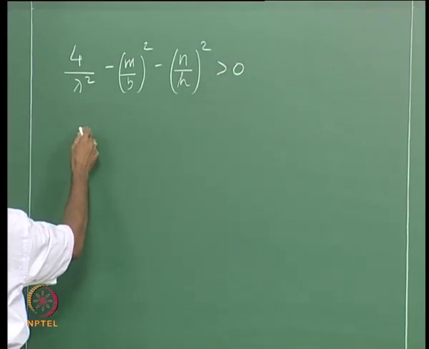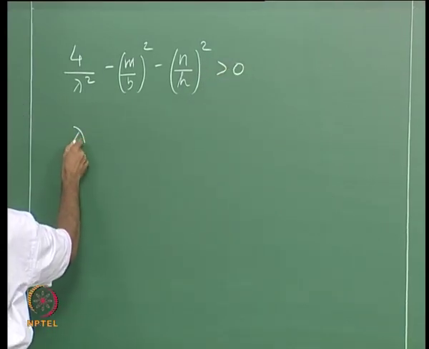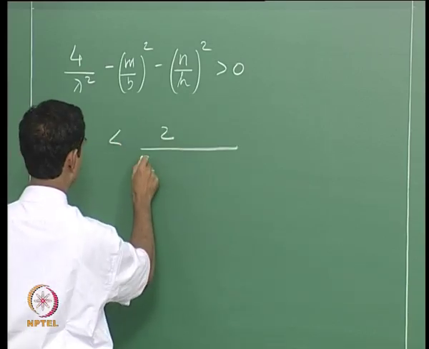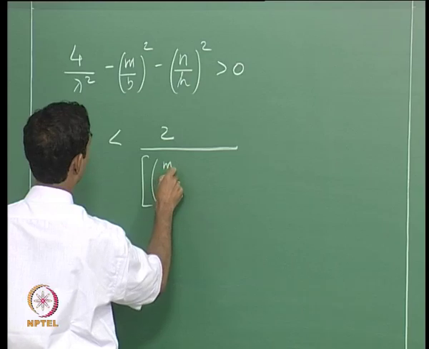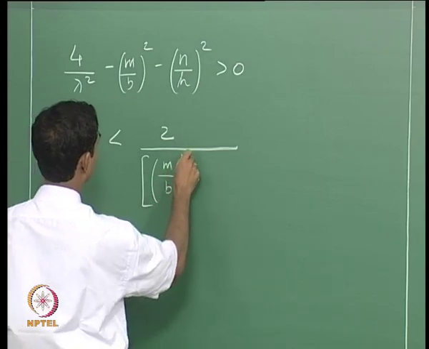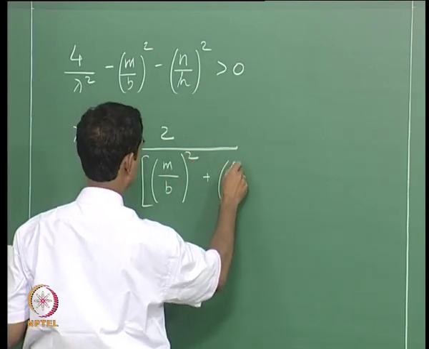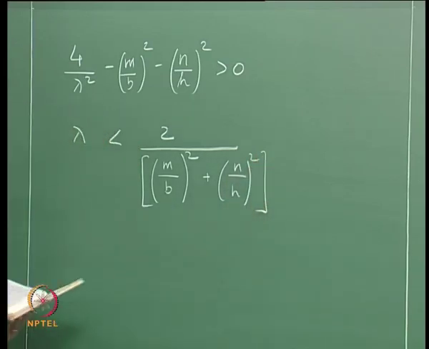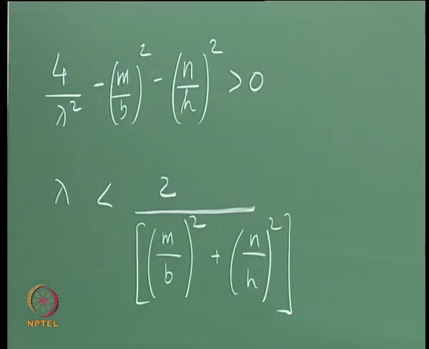This can be recast as: this will happen if lambda is less than 2 over the square root of (m over b) squared plus (n over h) squared. So your wavelength has to be shorter than a certain value for a mode to be established and propagate. If not, the mode will attenuate rapidly and you cannot establish that mode in the duct.